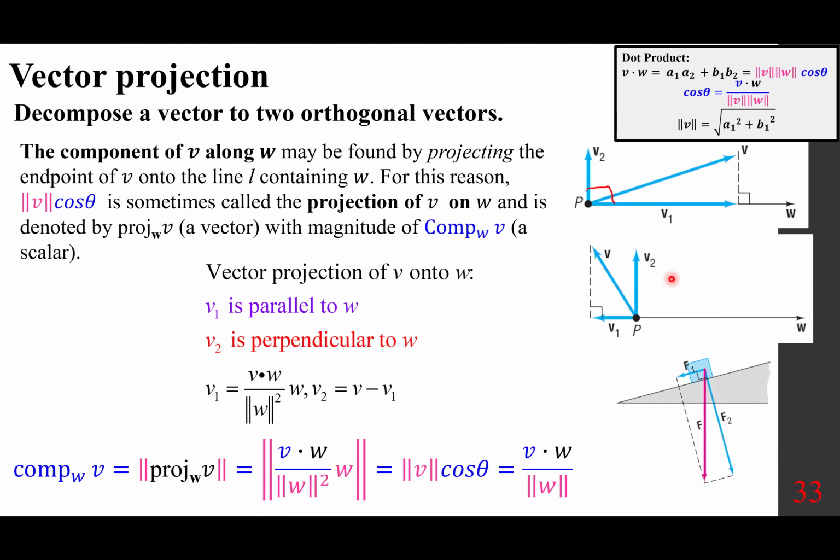So it's important to know that when you're projecting onto some vector, there's a portion that is parallel to that, and there is a portion that is perpendicular to that.